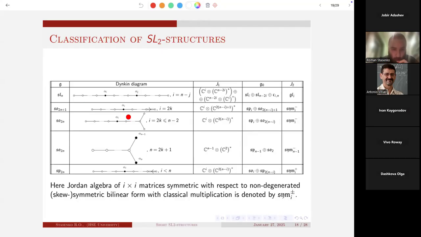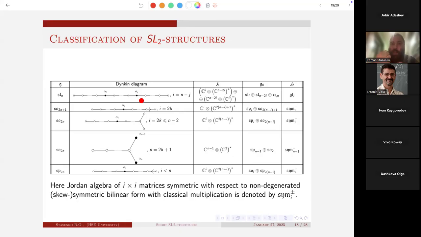If you look at the definition of short SL2 structures, it gives us that the isotypical decomposition consists only of irreducible representations of dimensions 1, 2, and 3.